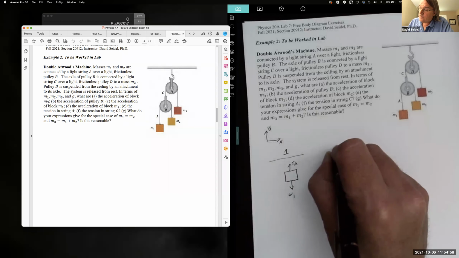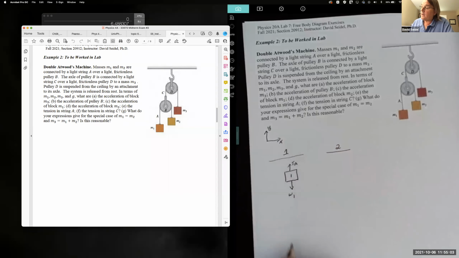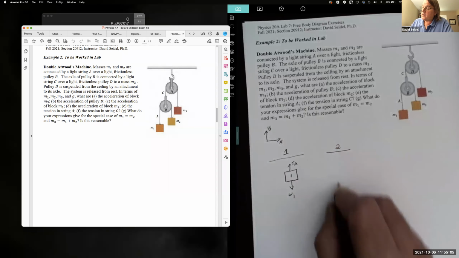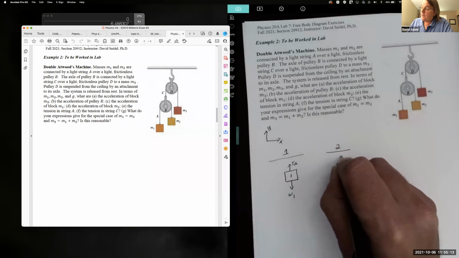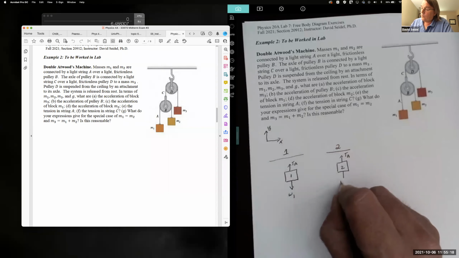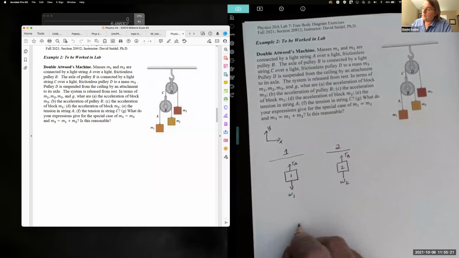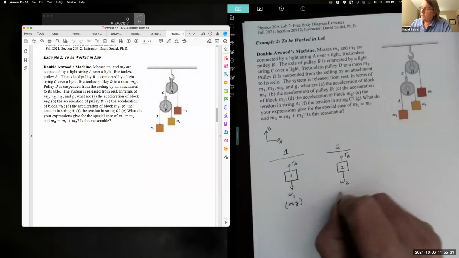This was box 1. Number 2. I have TA, and I have weight 2, which, by the way, remember, this is M1G. This is M2G.